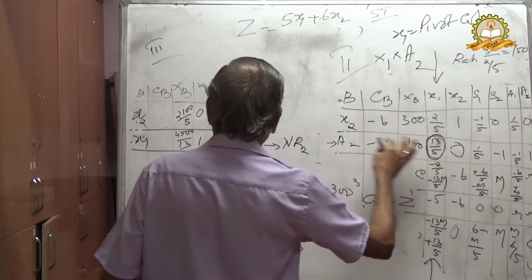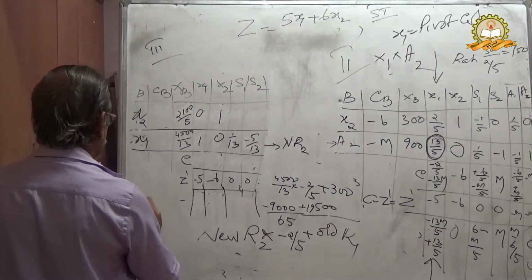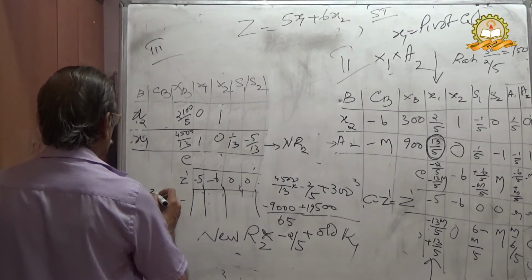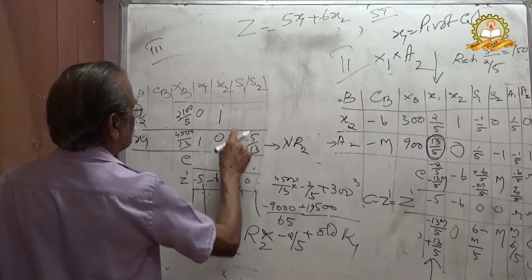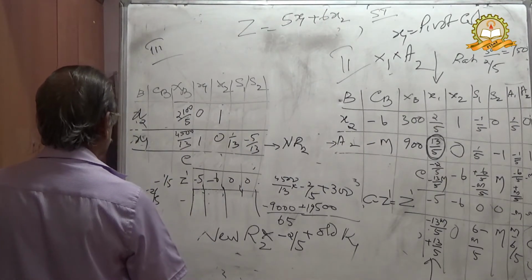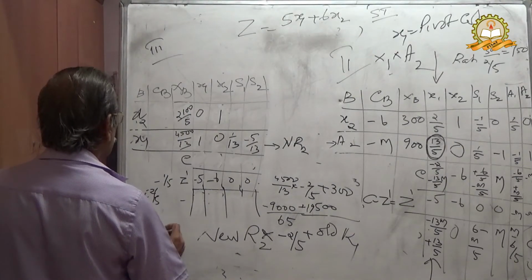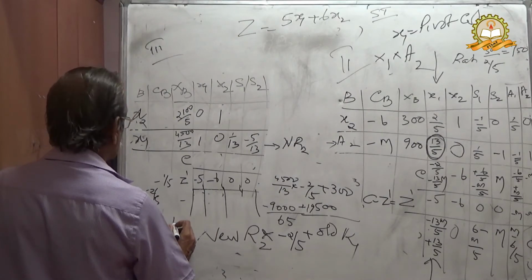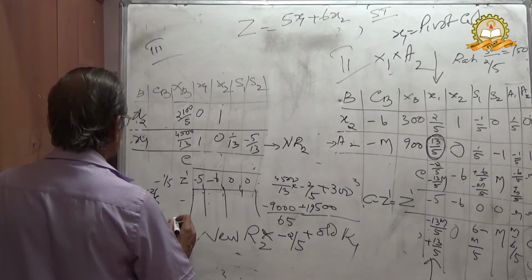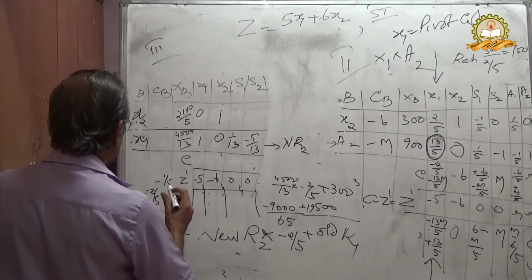Under S1 you have 1 by 13 into negative 2 by 5 plus S1 equal to negative 1 by 5. Therefore you have minus 2 by 65 minus 1 by 5.